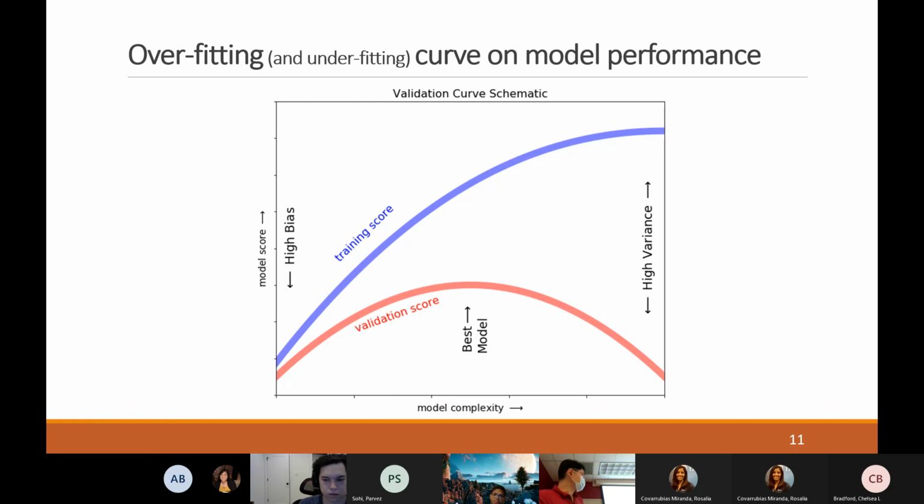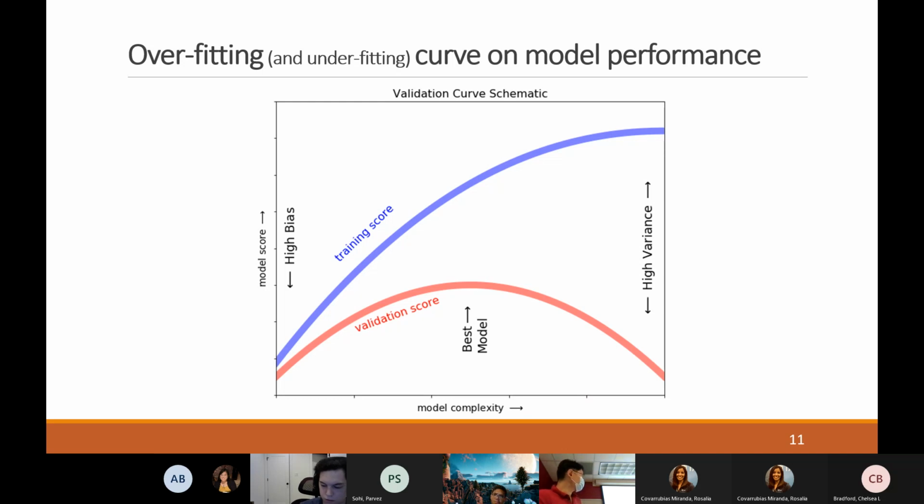The line that reverses is the validation set. What's the difference between the different points on the x axis? It is the complexity of the model. The more complex models are always to the right, right? It starts from a very simple model.